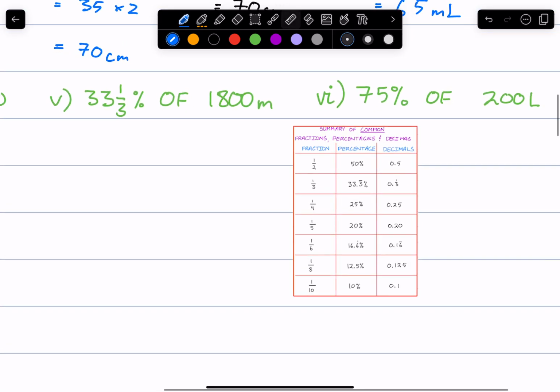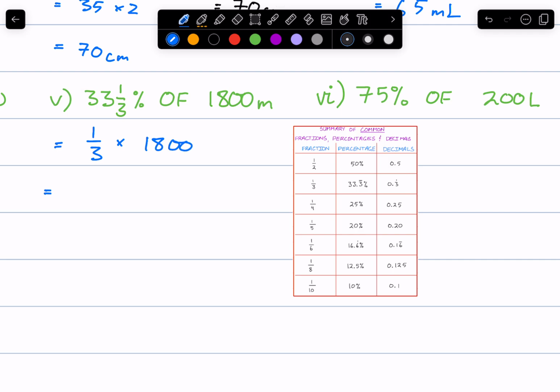As you can see, this is 33 1/3%. That's actually this one here, 33.3 recurring. So this just becomes 1 over 3 of, which really just means to multiply by 1,800 meters.